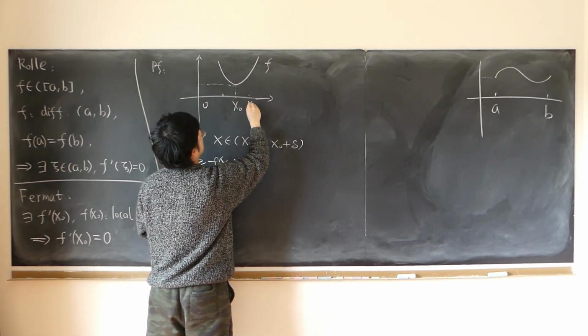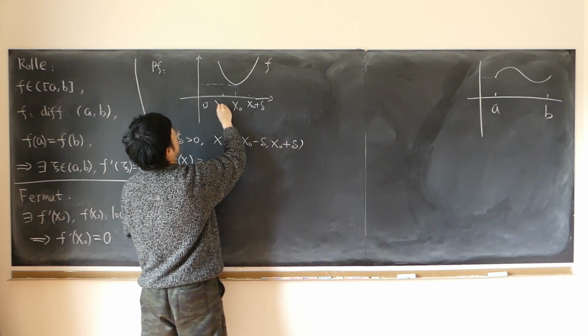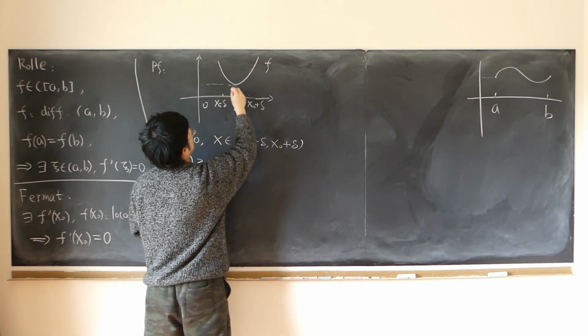So this is x0 plus delta, this is x0 minus delta.